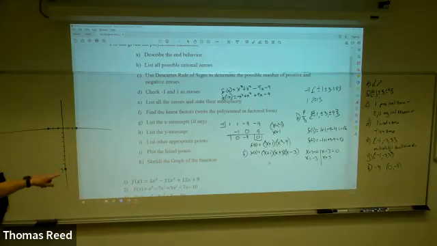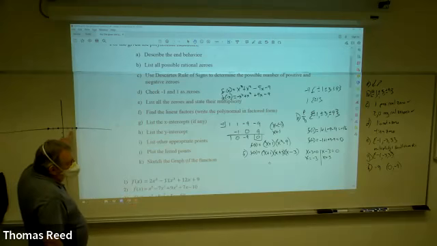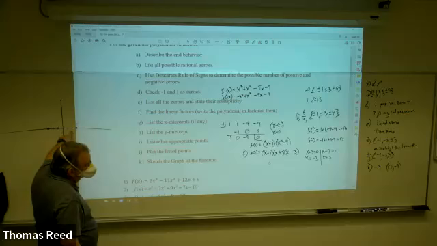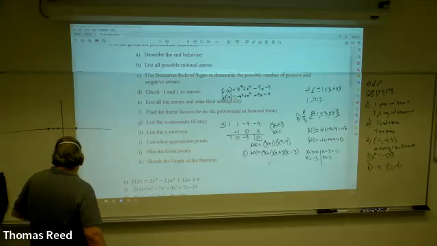Oh, finding other points. So I use this to find other points. I know what it is at one. What is it at one? Did I find that already? Did I erase it already? -16.